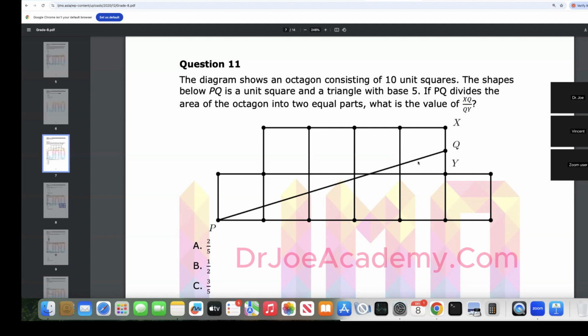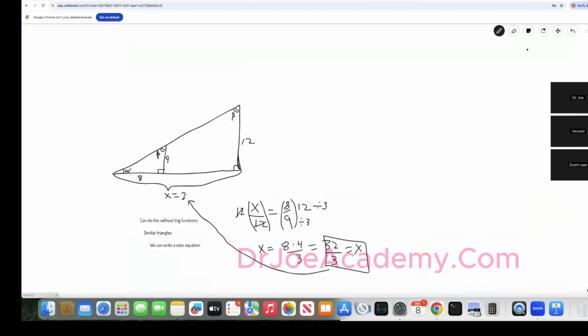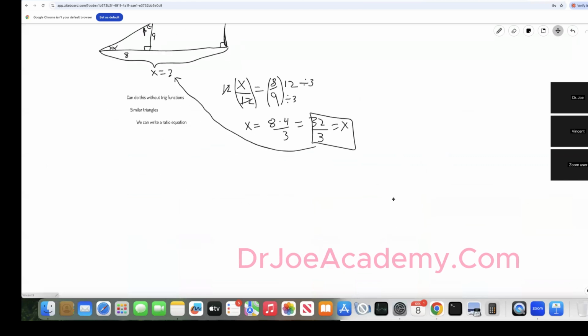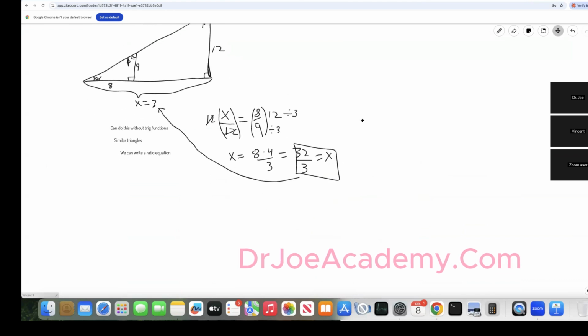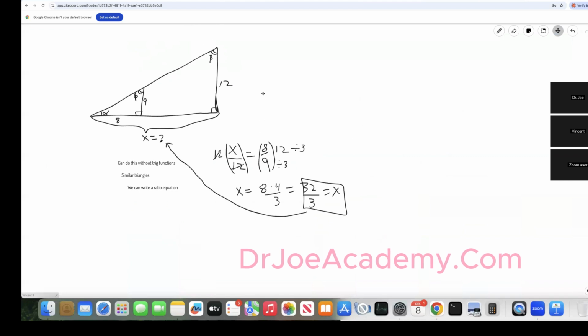But what's the area of a triangle? What's the equation for the area of a triangle? I don't get it. What is the area of this triangle right here that we solved for?